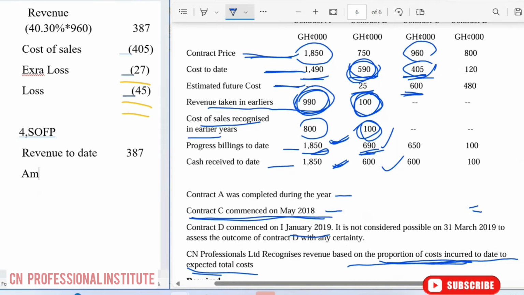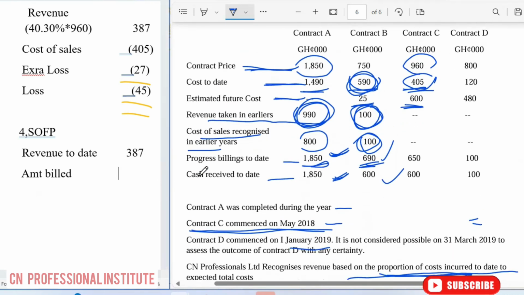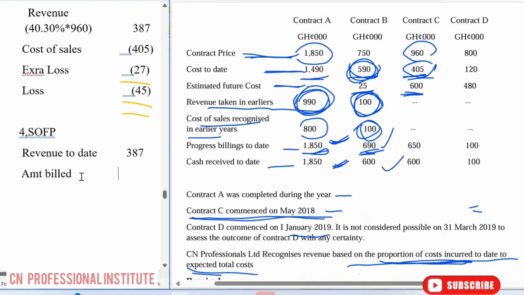Then amount billed. How much did we bill the customer? Amount billed. If you look at contract C, we bill the customer. Let me see. Okay, progress billing, which is what? 650. So we bill the customer 650.